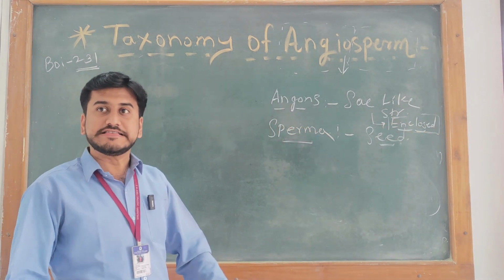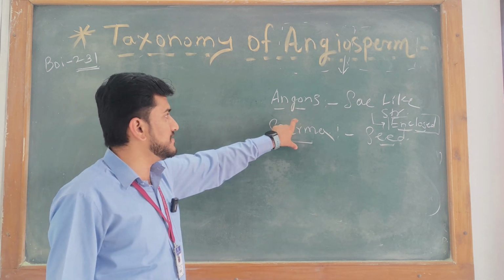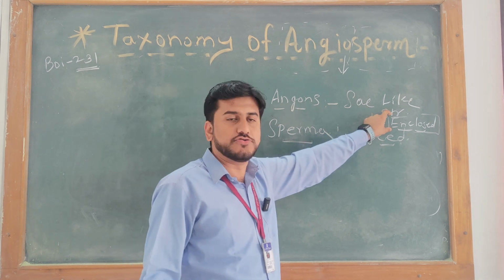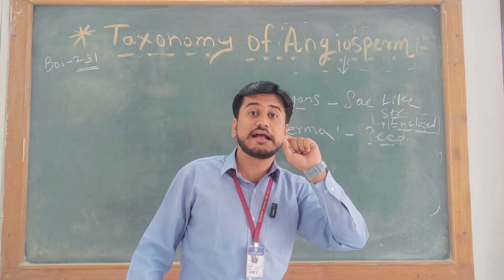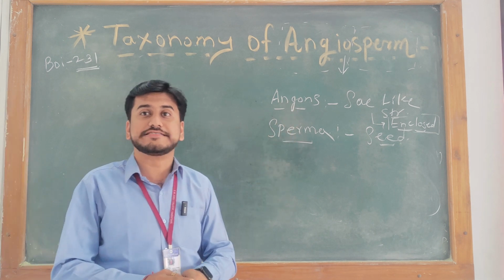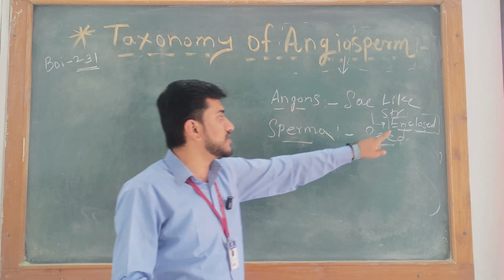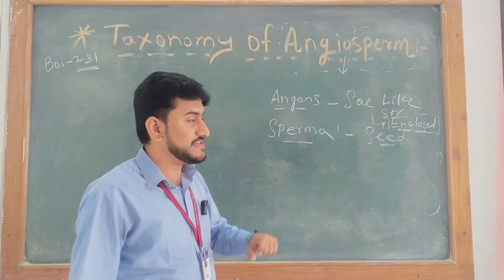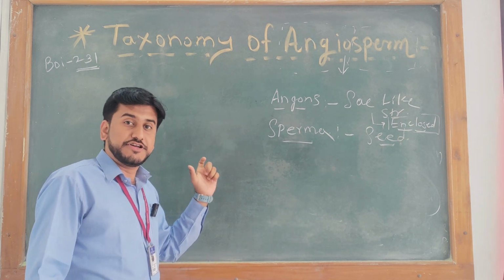So this seed in the angiosperm is very enclosed, meaning there is a covering structure present in the surrounding region of the seed. This is the total opposite condition to the gymnosperm.